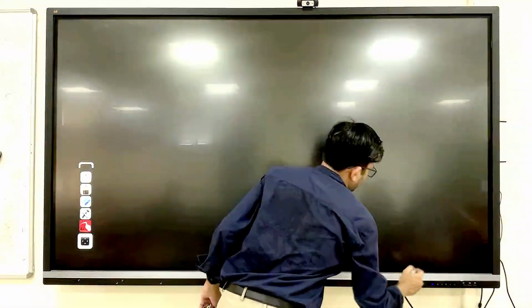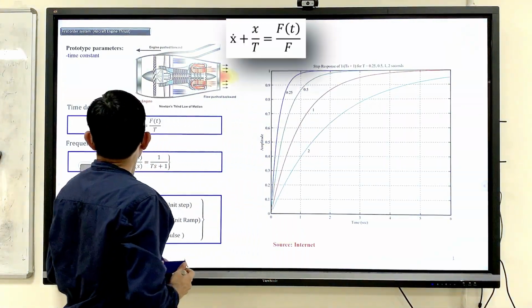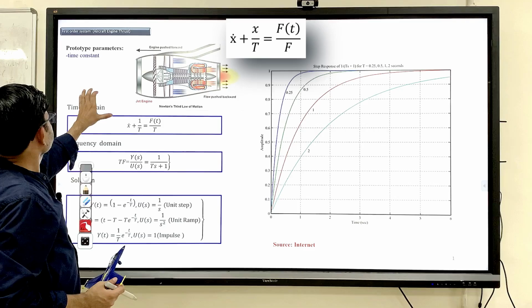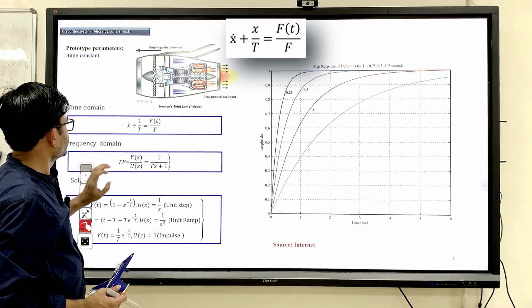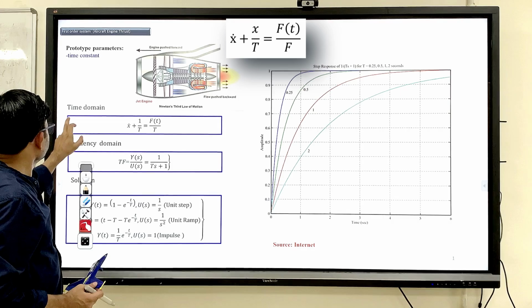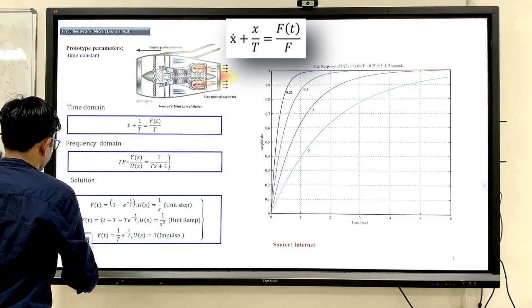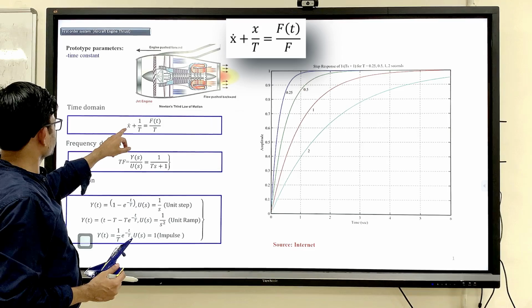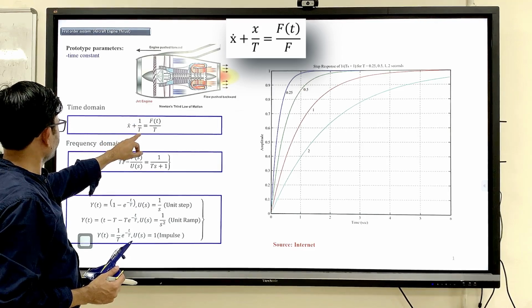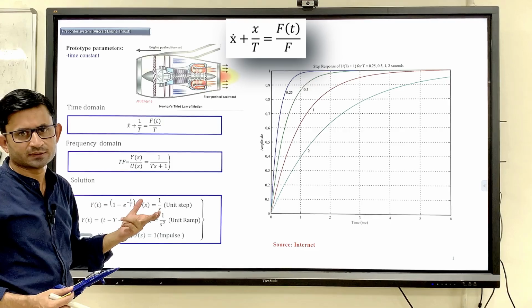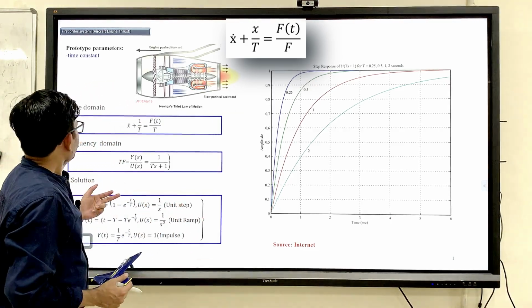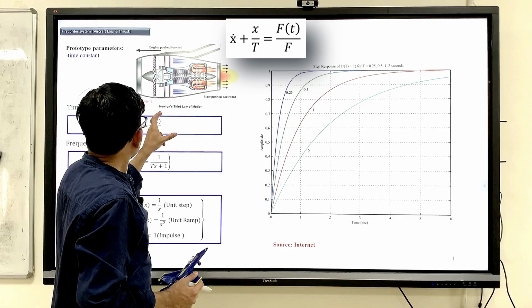We will start with the first order system. You can see that I have taken the example of a jet engine, and in time domain I can write x dot plus 1 by T x equals f(t) by T, where T is a constant.